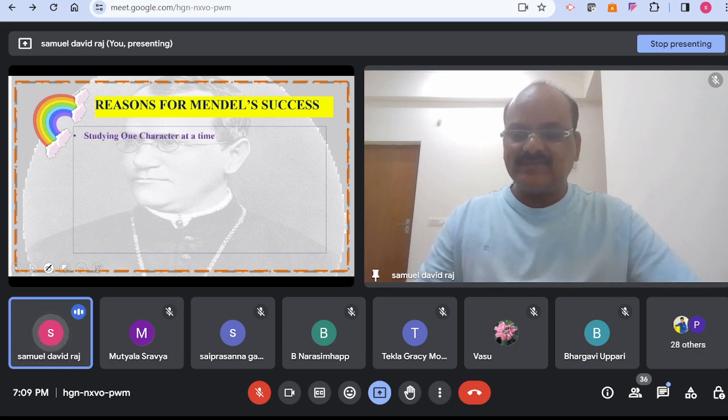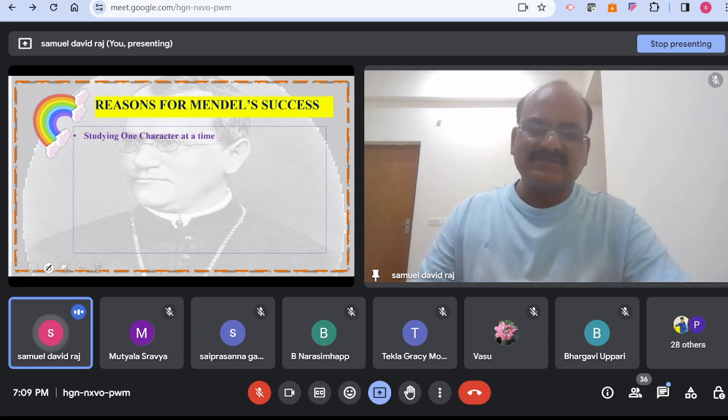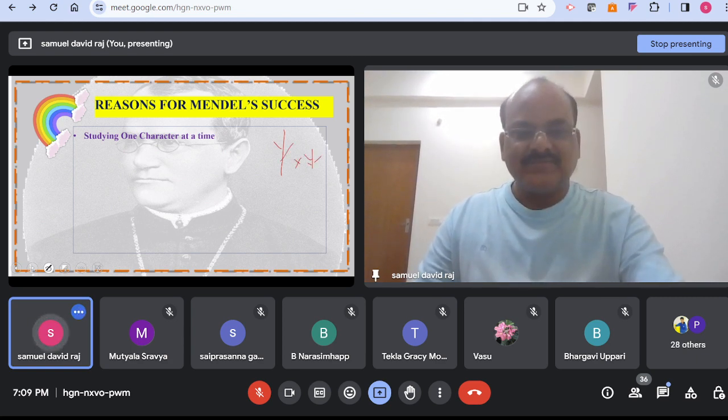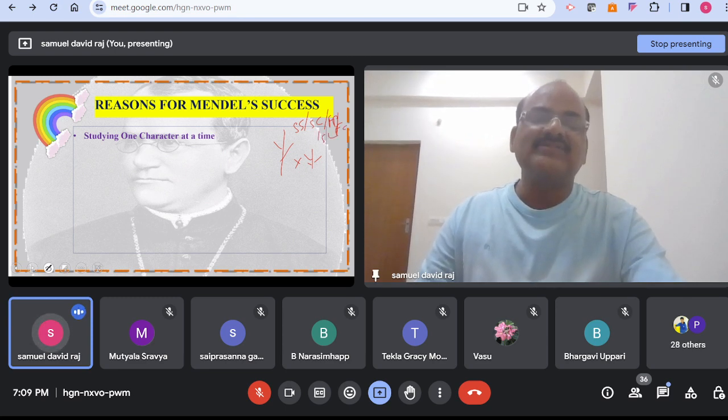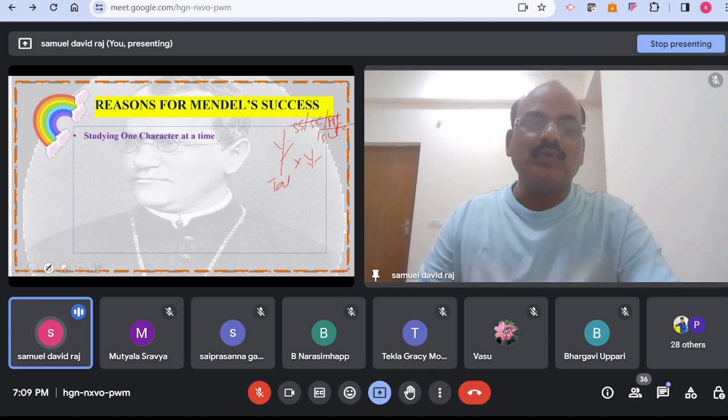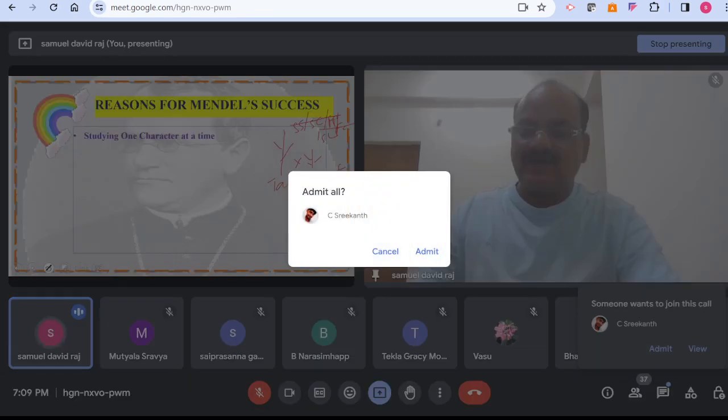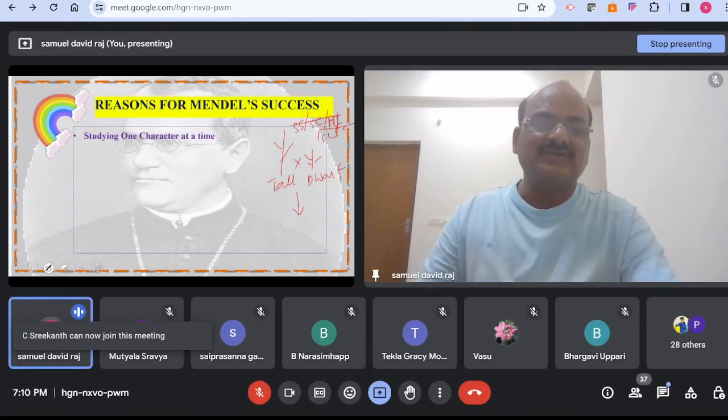The first reason for Mendel's success is that while all his predecessors considered many characters at a time, Mendel studied one character at a time. This plant has all the characters: seed shape, seed coat color, flower position, flower color, stem length, etc. But Mendel did not consider all the other characters; he took only one character for the study and saw how it is inherited by the next generation.